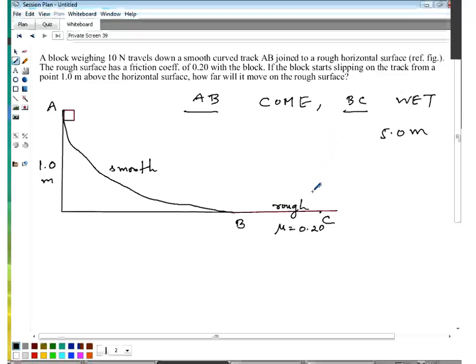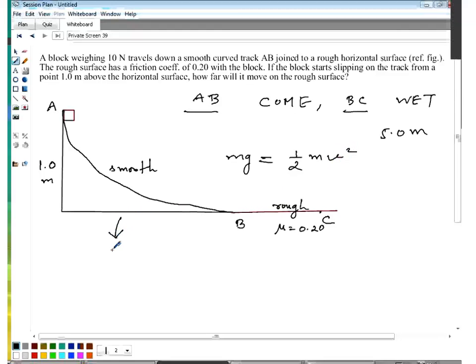A to B. A to B means mgh. H is 1. Kinetic, no. At B it will be kinetic.